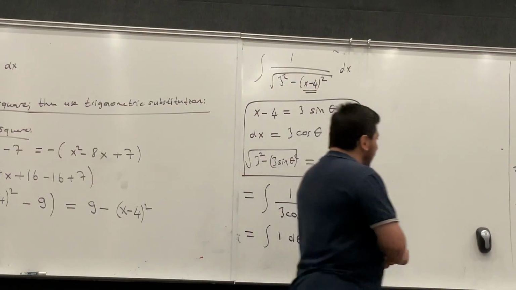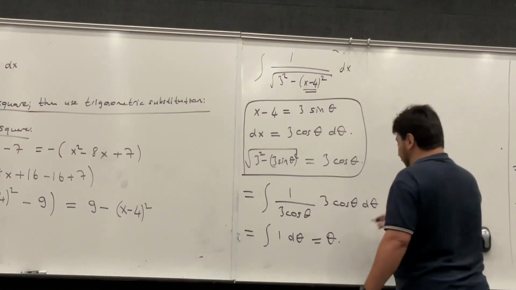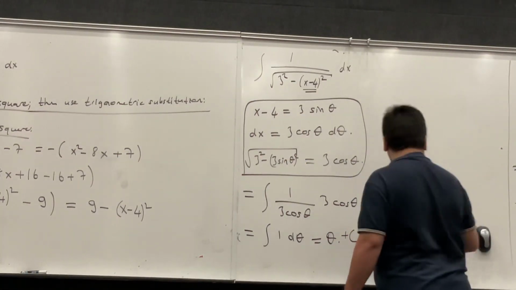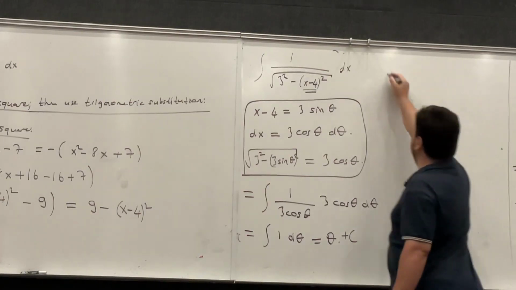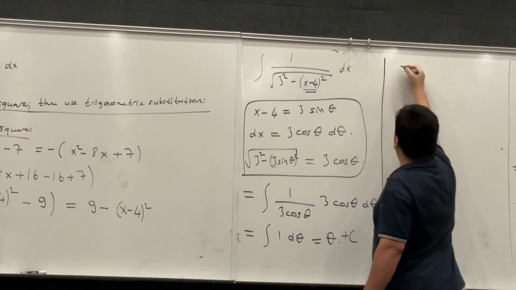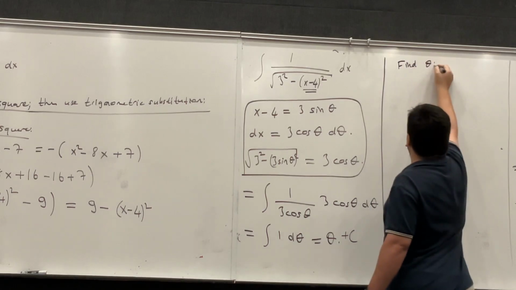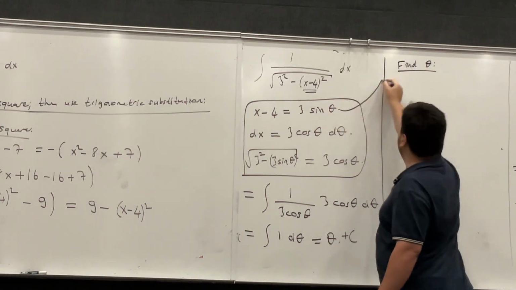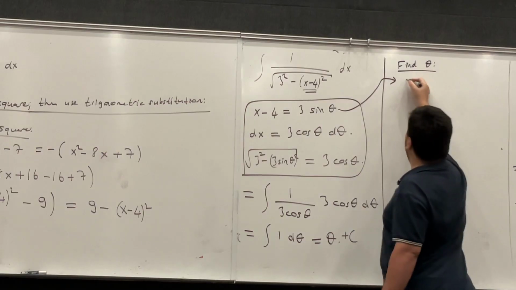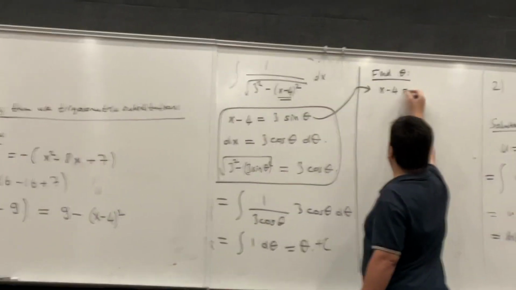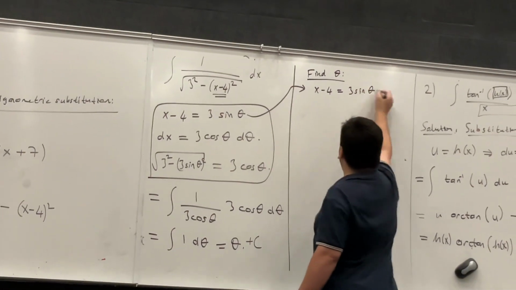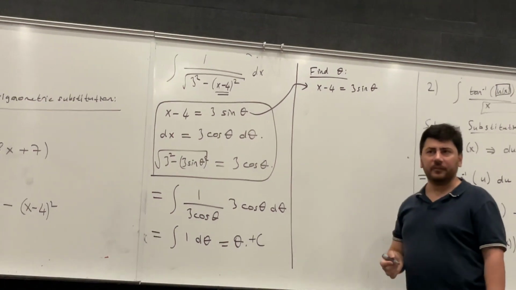Now, I need to figure out what theta is. Remember, we did this substitution: x minus 4 is equal to 3 times sine theta. Am I right?